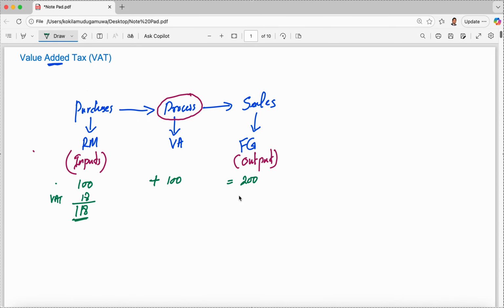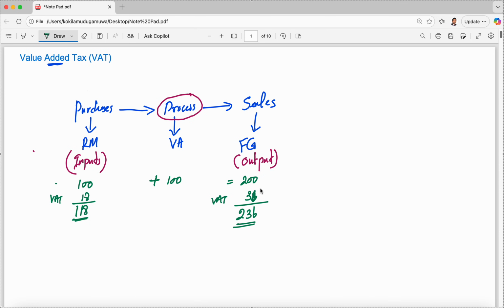When you are selling also you have to charge VAT, because as a company you are a VAT registered person. Then 236 is your sales, right? When you make the sales you issue the invoice with VAT and collect VAT.